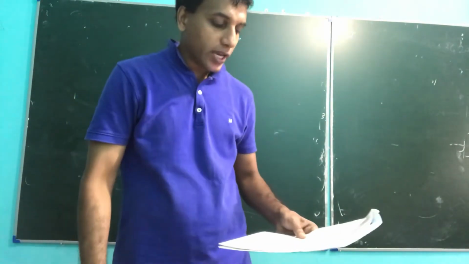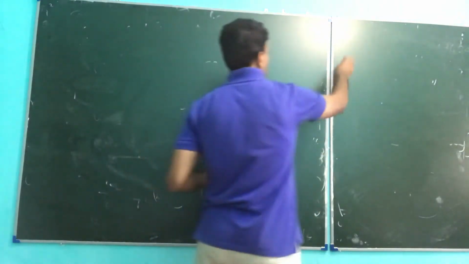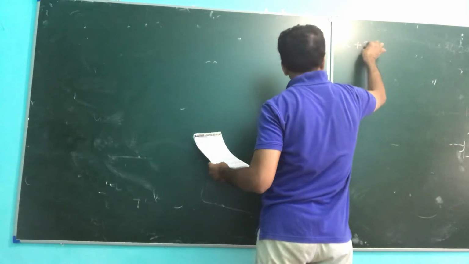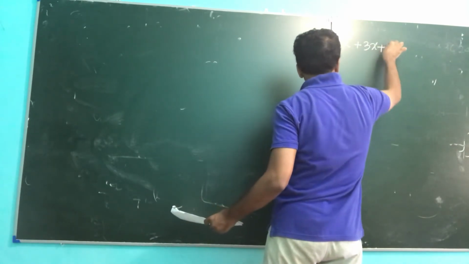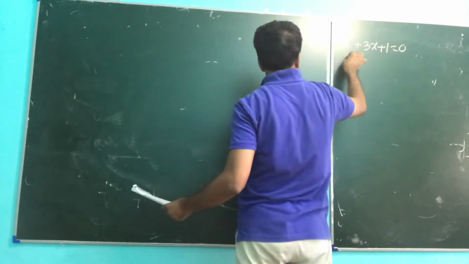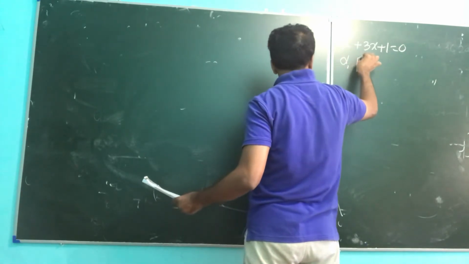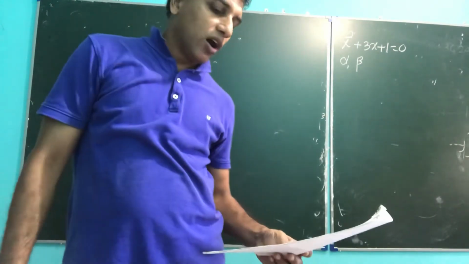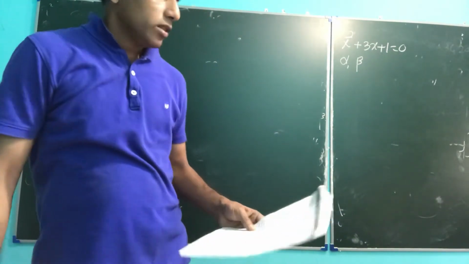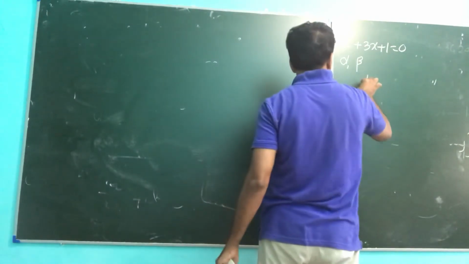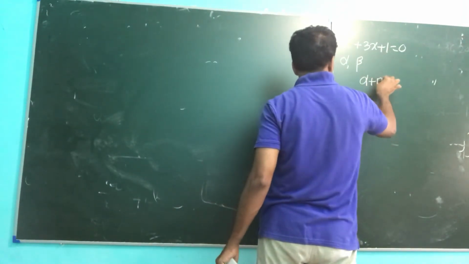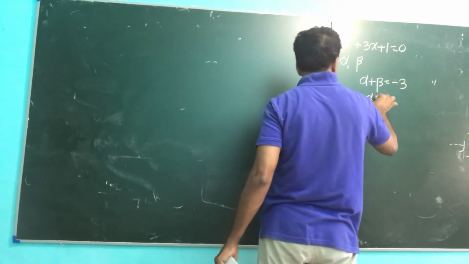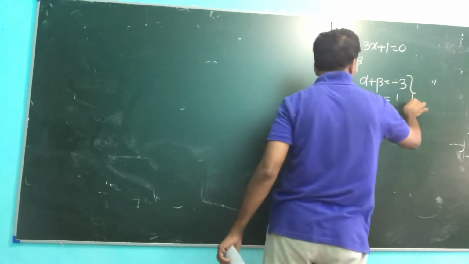The roots of the equation x square plus 3x plus 1 is 0 are alpha and beta. They said the given quadratic equation roots are alpha and beta. Then you know alpha plus beta is minus b over a, alpha beta is c over a, right?